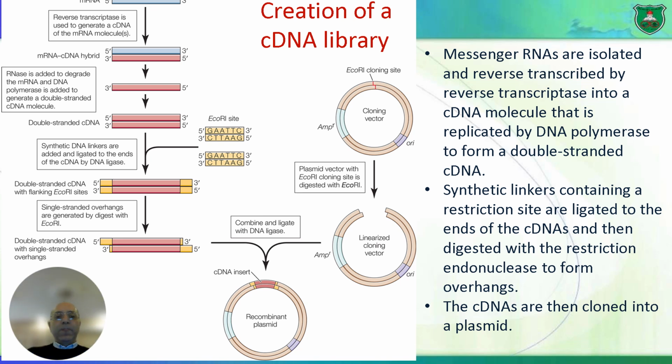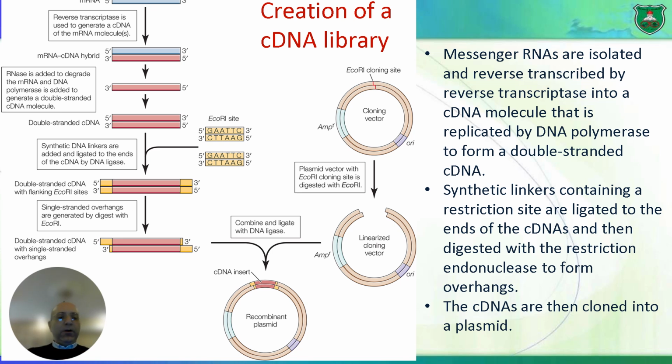Now, let's talk about this point, and this point is really important. What are the differences between cDNA library and genomic library? Now, notice that with the genomic DNA, we take everything. Every DNA, we take genomic DNA.